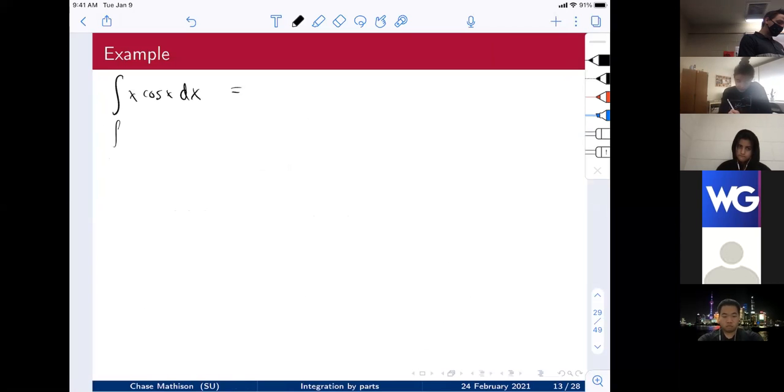equals, well, this is also the integral of u dv. So I do another integration by parts. What is u now? Well, again, remember Liate. Yes, Liate. U is now x. I still have an algebraic function happening here.